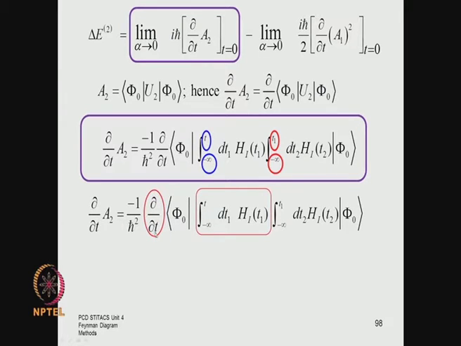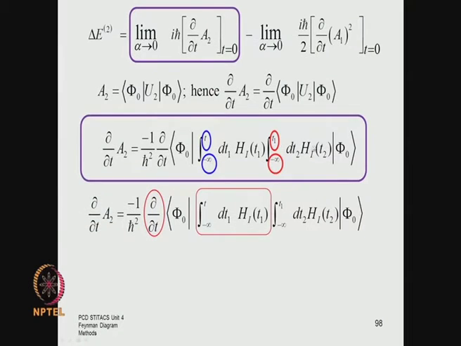One is this del over del t over here, which I want to draw your attention to, and then this integral from minus infinity to t of dt1 HIt1. So, this is the one I am now discussing. What is in this red box is what I am going to examine now.